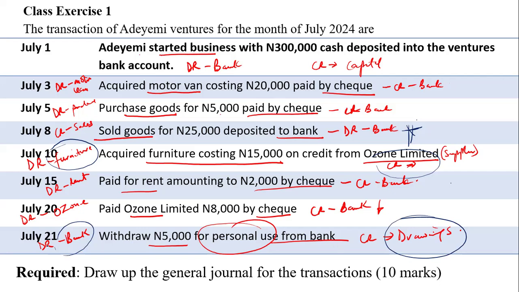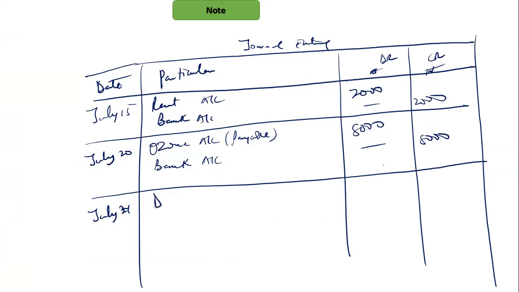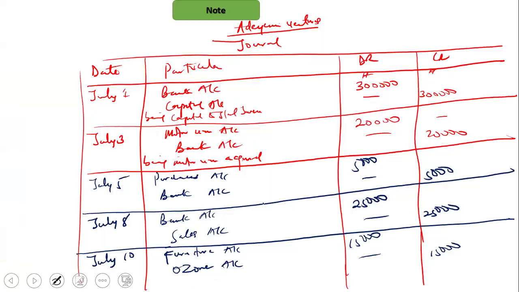You can see now, I always tell you, what happened? I remove money from bank. And then we have to debit drawings, because drawings are expensive. And that was something I want you to pay attention to with the rule. Then we credit the amount removed, which is 5,000.